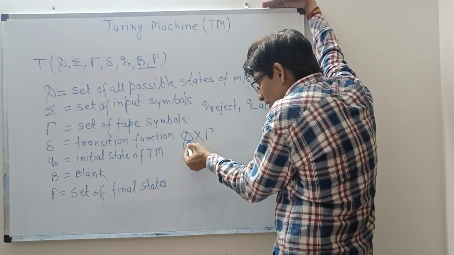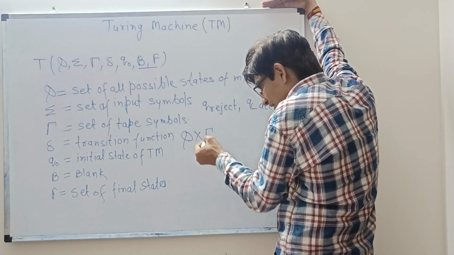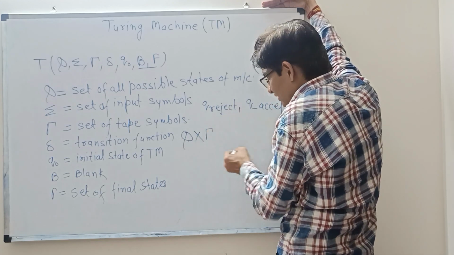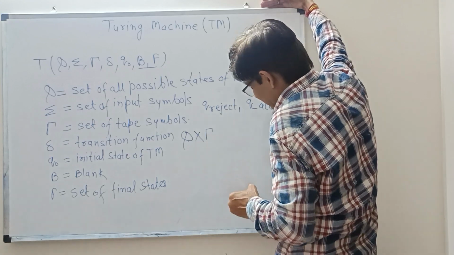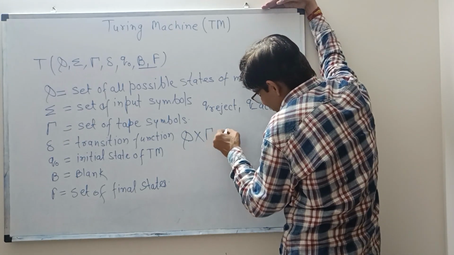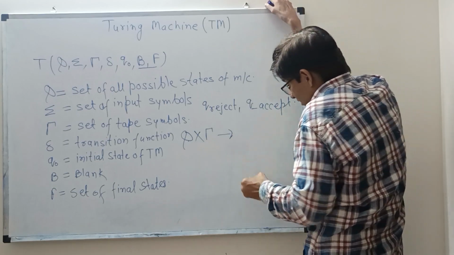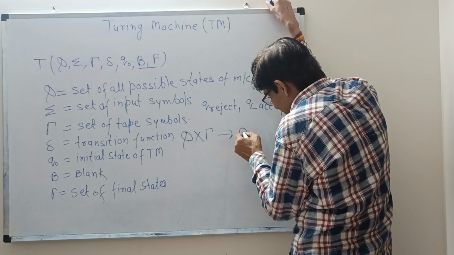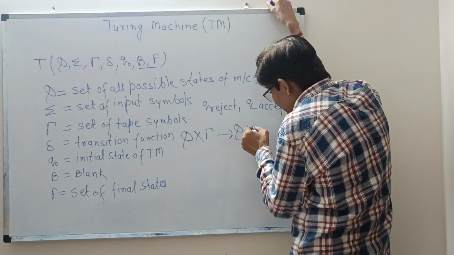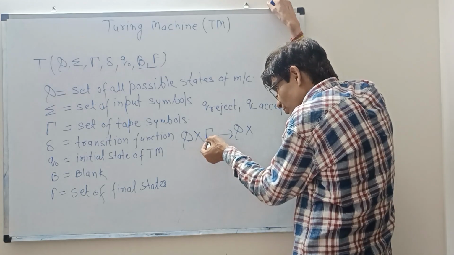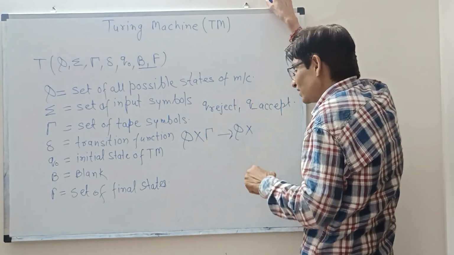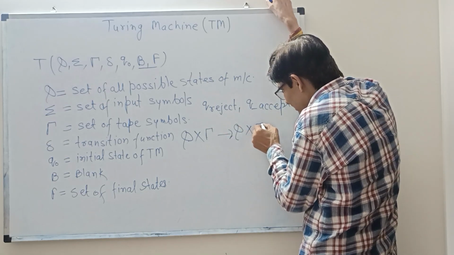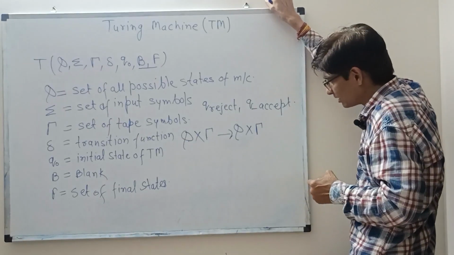Based on that combination, the machine changes its state to a new state, again from Q, and it can change the current symbol to a different symbol, or leave it as it is, again from gamma.